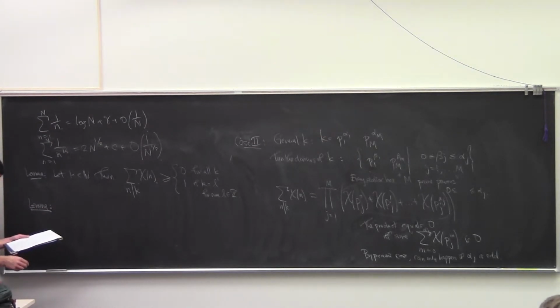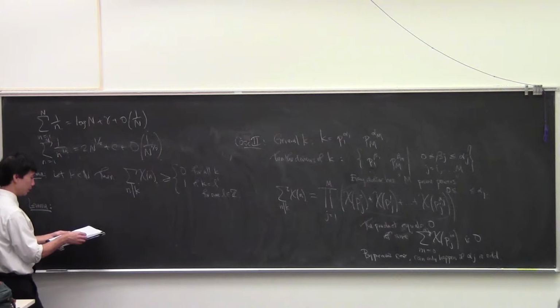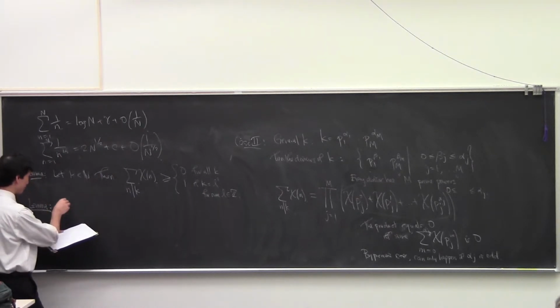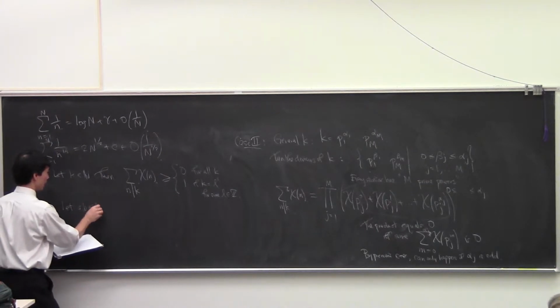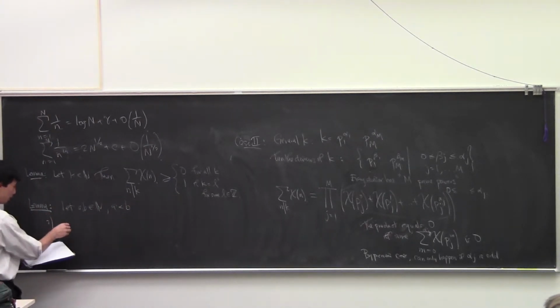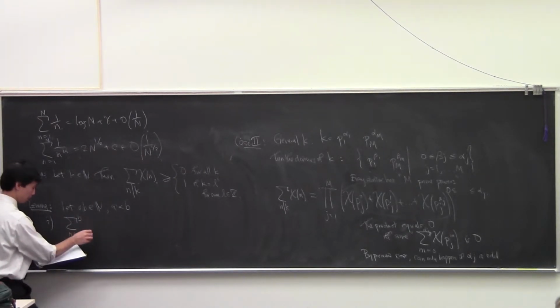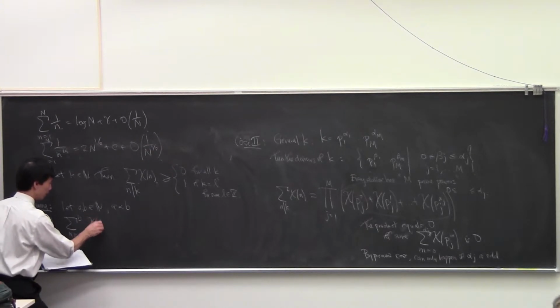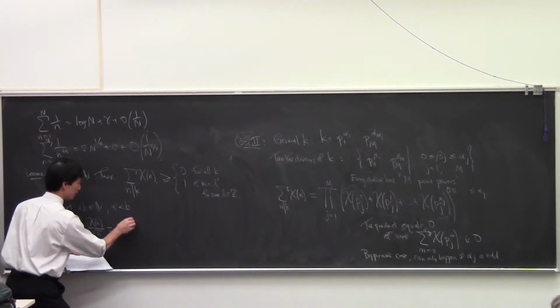The second lemma, again, is a pretty straightforward estimate. Let A and B be natural numbers with A less than B. Then the sum from n equals A to B of pi n over root n is on the order of A to the negative a half.